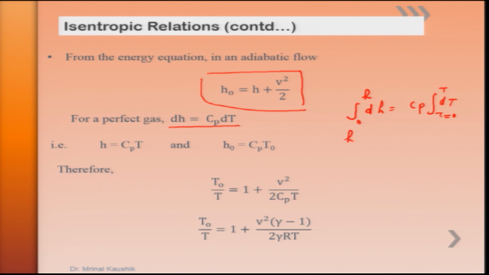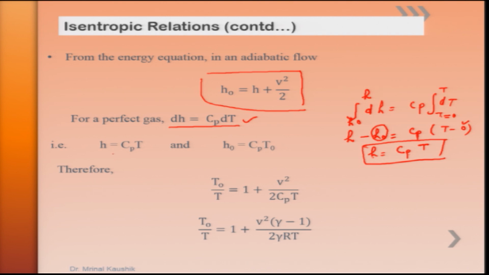we again can say that H minus H naught is equal to Cp T minus 0, and we have given the argument that at T equal to 0, H naught is taken as arbitrarily 0, and hence H is equal to Cp T. That means, these differential as well as the quantities like H, Cp and T, H is equal to Cp T is also valid for a perfect gas.